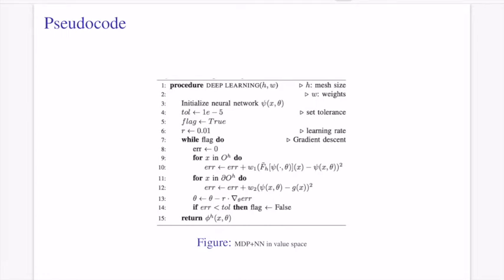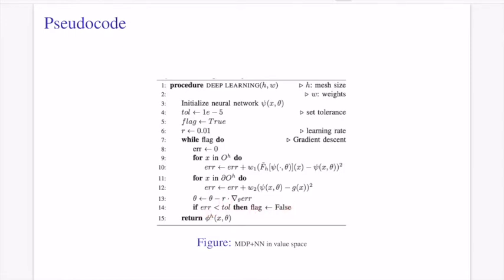All right, here is the pseudocode. We have a neural network, which depends on what activation function, how many layers, and how many neurons you adopt. We give a tolerance, a very small number. We start with the flag true, which means as long as the flag is true, you repeat the rest of the block, which is actually the stochastic gradient descent method, SGD. By repeating this, we get the loss function smaller and smaller until it falls within the tolerance.